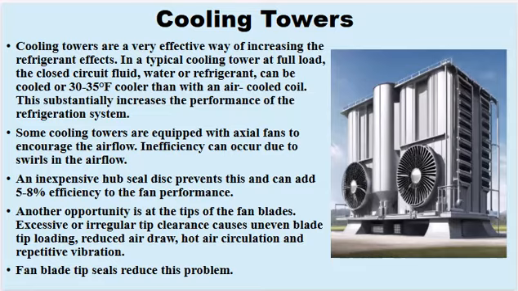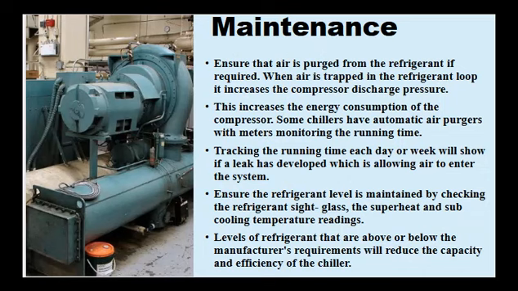Let's focus on maintenance, a vital practice to maintain the efficiency and ensure optimal performance of refrigeration systems. One key task is to purge air from the refrigerant if necessary. When air gets trapped in the refrigerant loop, it increases the compressor discharge pressure, leading to higher energy consumption.